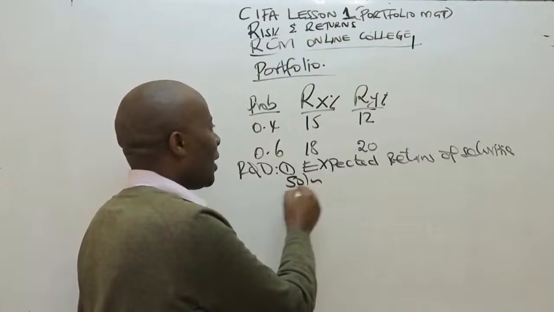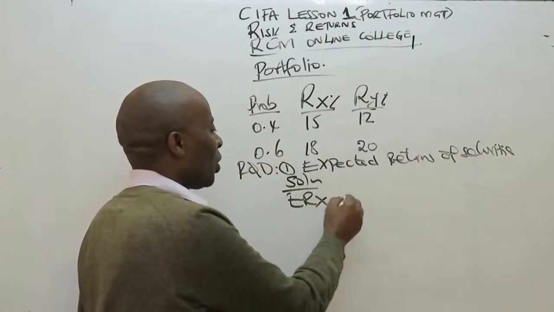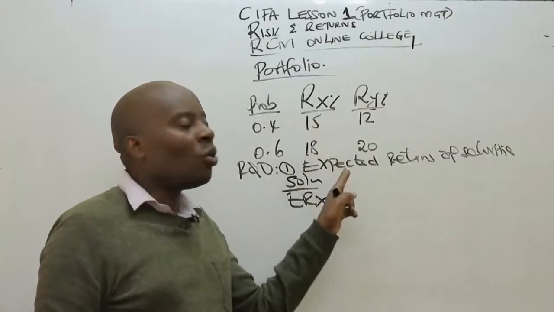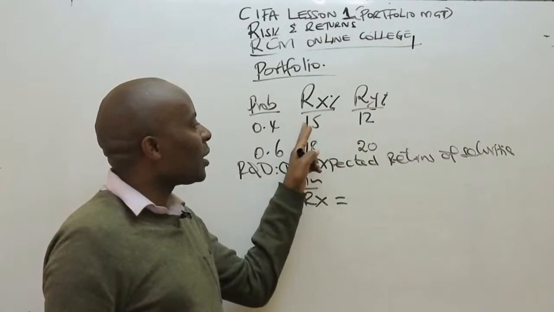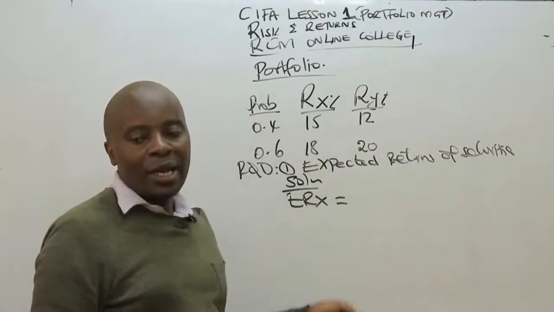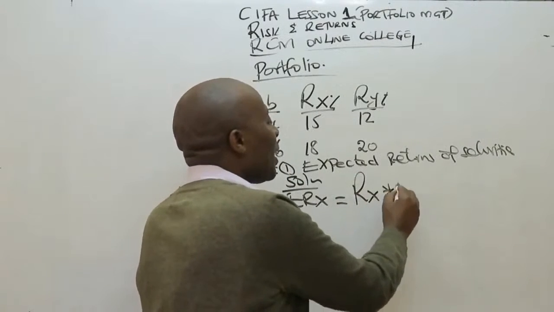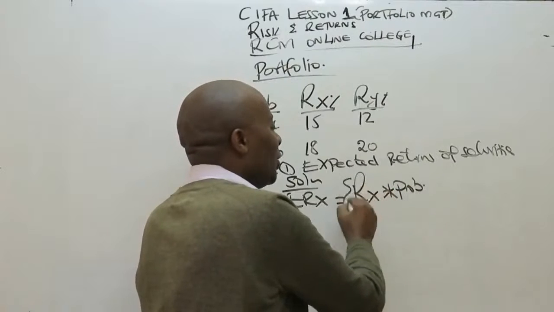How do we get expected returns of X? To get expected returns of X, ladies and gentlemen, what you need to do is to take the actual returns given here times their corresponding probabilities.